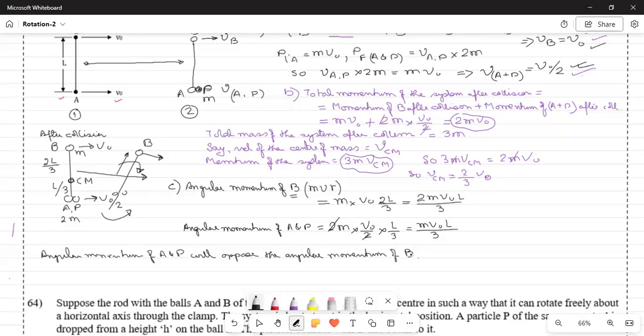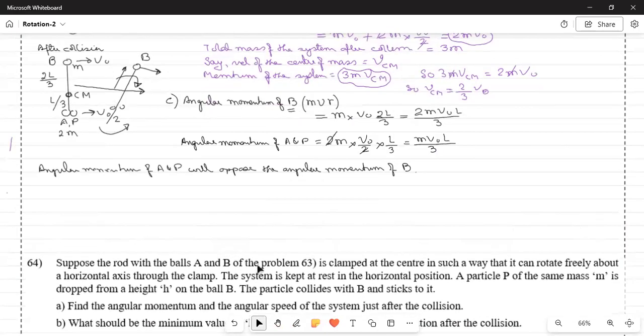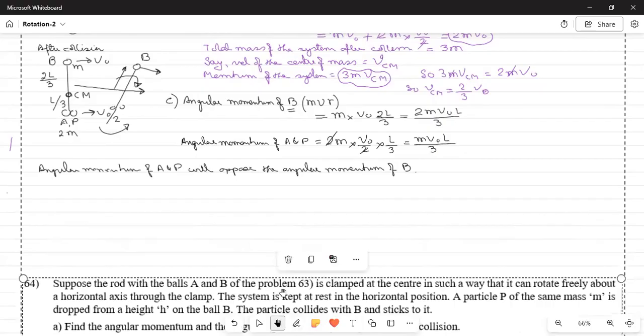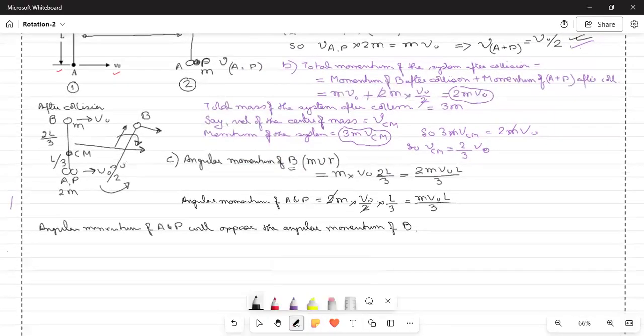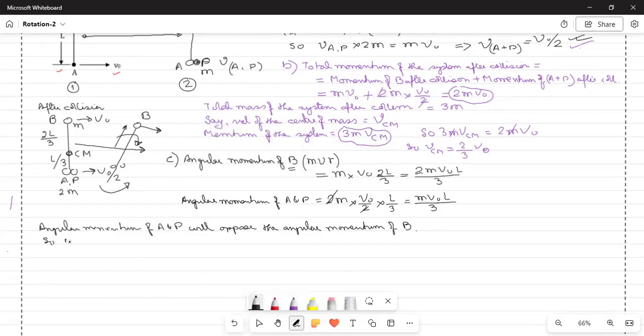Angular momentum of the heavier body will oppose the angular momentum of the lighter body. If that is so, the net angular momentum of the system is the difference of the two.